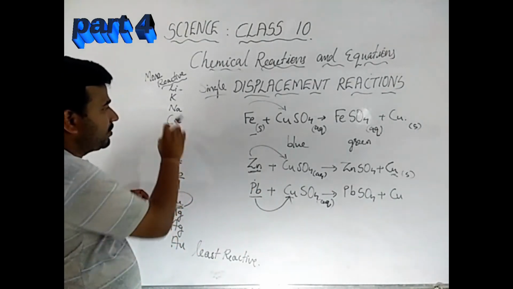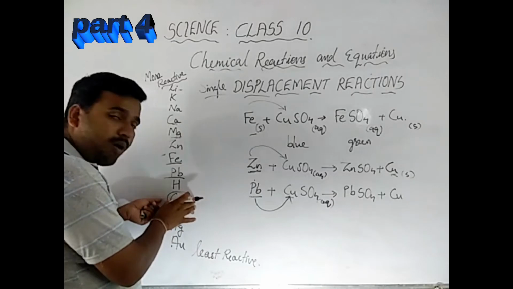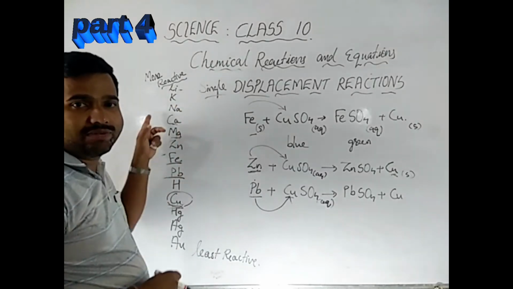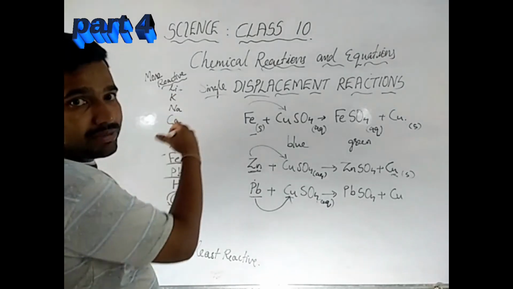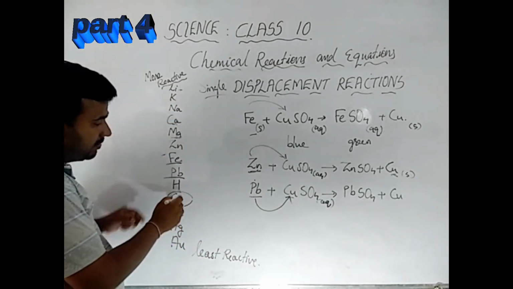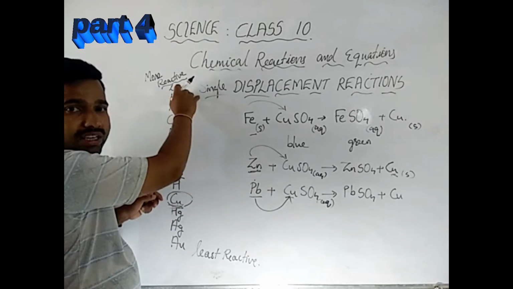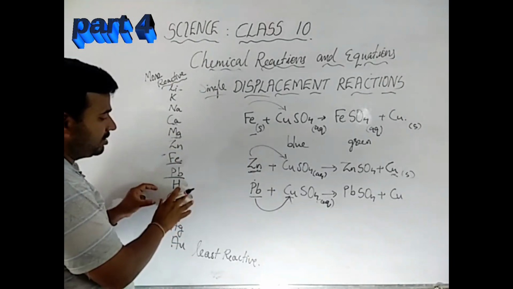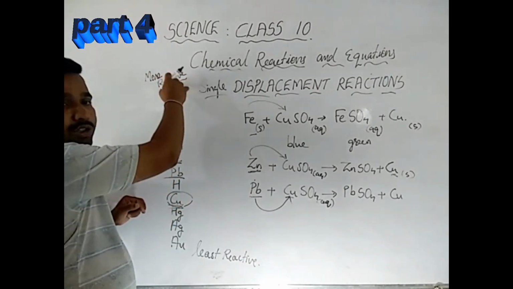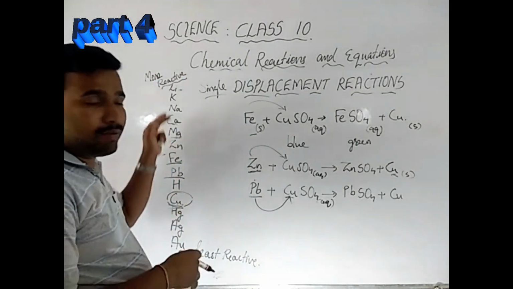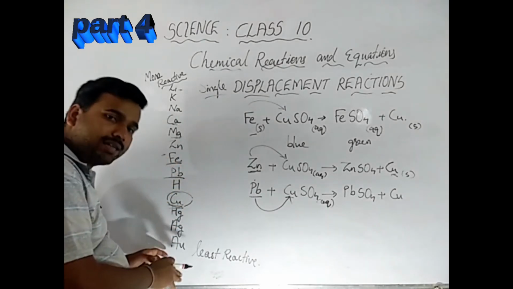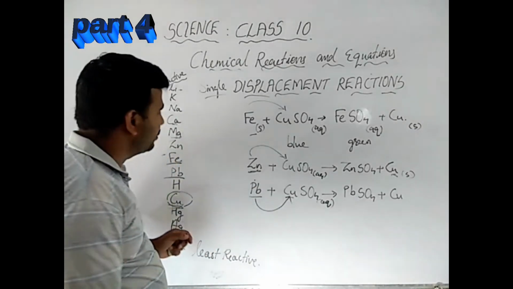But if you take calcium sulfate solution and keep copper in it, copper will not be able to displace calcium from calcium sulfate solution. The reason is that the position of copper is below calcium in the reactivity series. So the metals placed at the top of the reactivity series are able to displace the metals placed below them from their salt solutions.